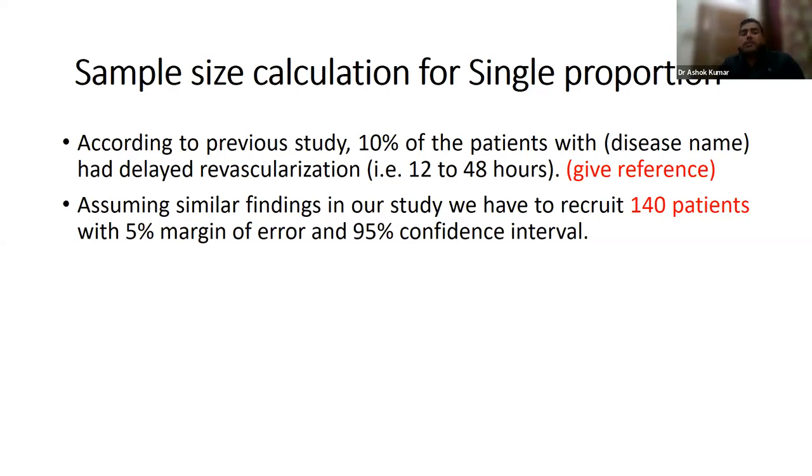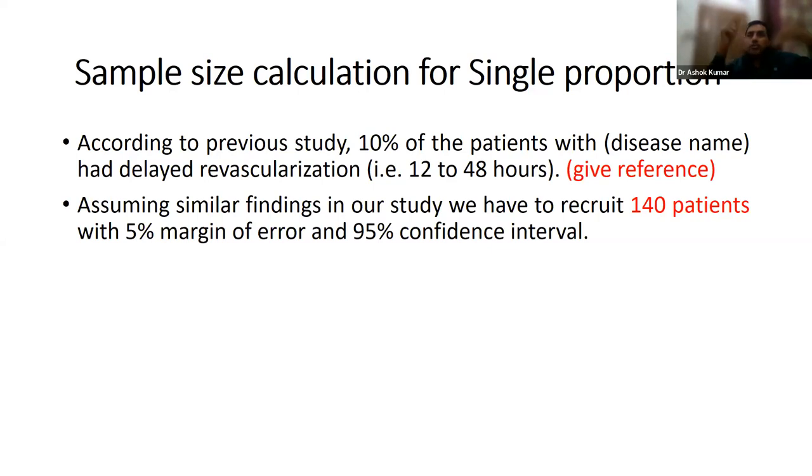In the previous study, it is 10%. Okay. The percentage of delayed revascularization is 10%. But in our study, what are we assuming? We are assuming there is a 5% margin of error or absolute error. So in our study, in our population, in our sample, it may vary from 5 to 15.